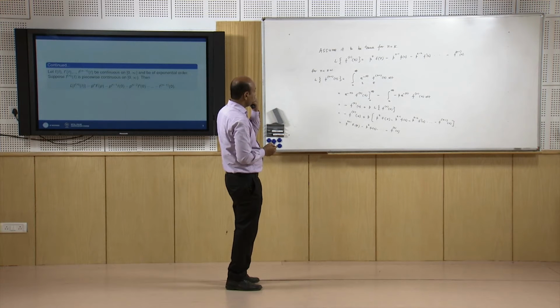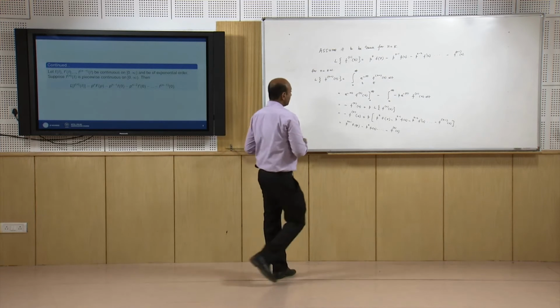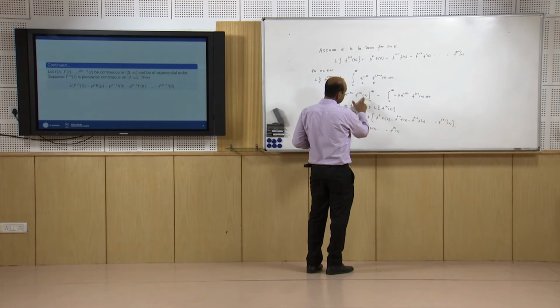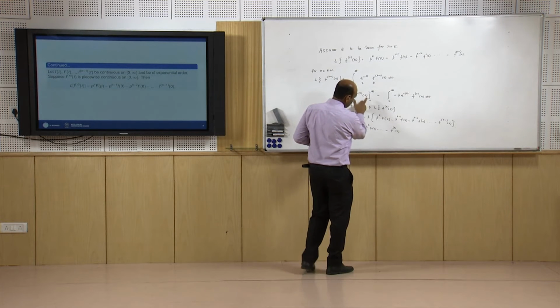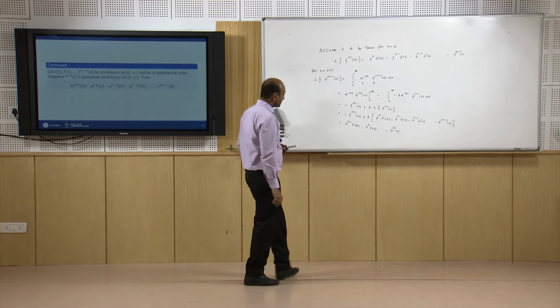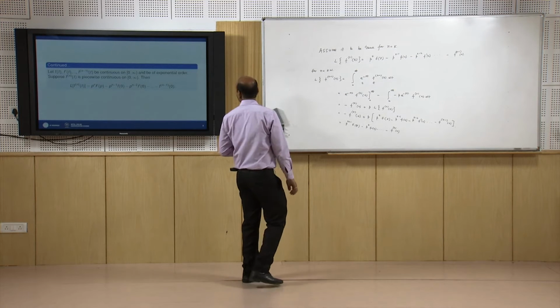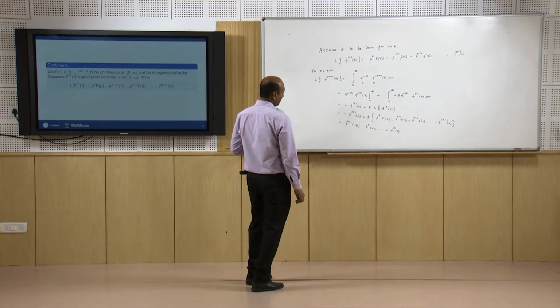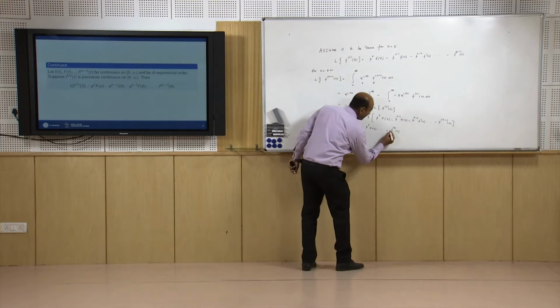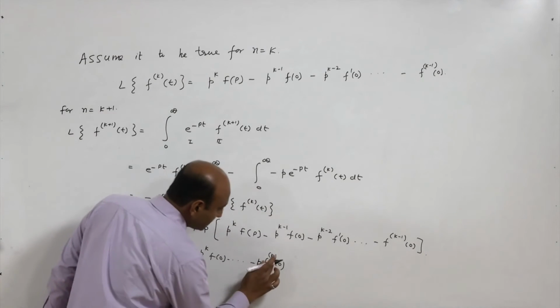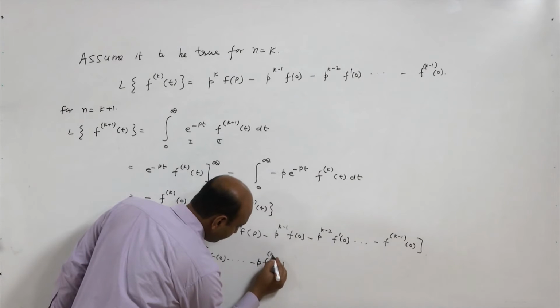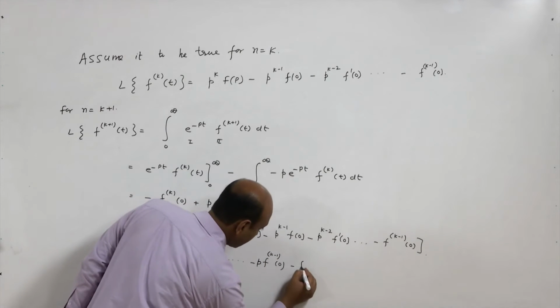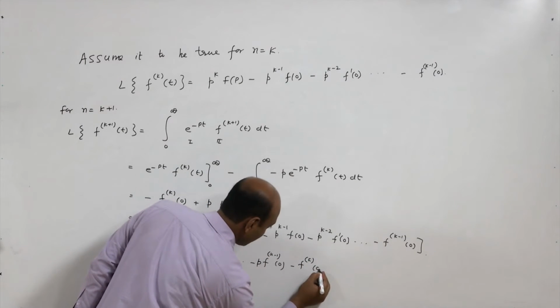At infinity it is 0, and at 0 it is minus the kth derivative, and when you multiply by p, it is p times the (k-1)th derivative, sorry, it is p times f^(k-1), and minus the kth derivative at 0.